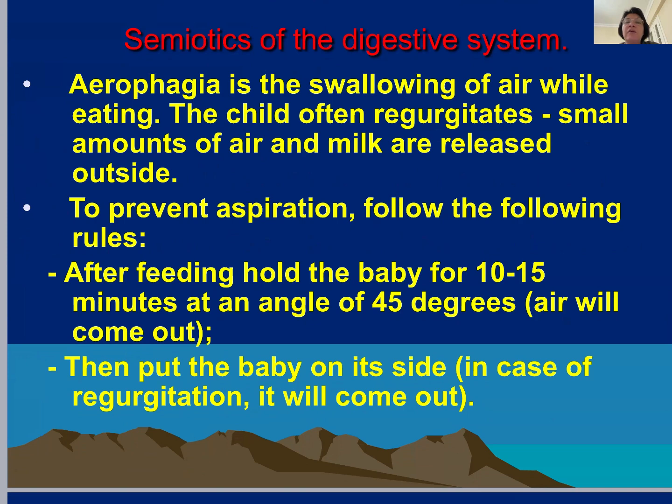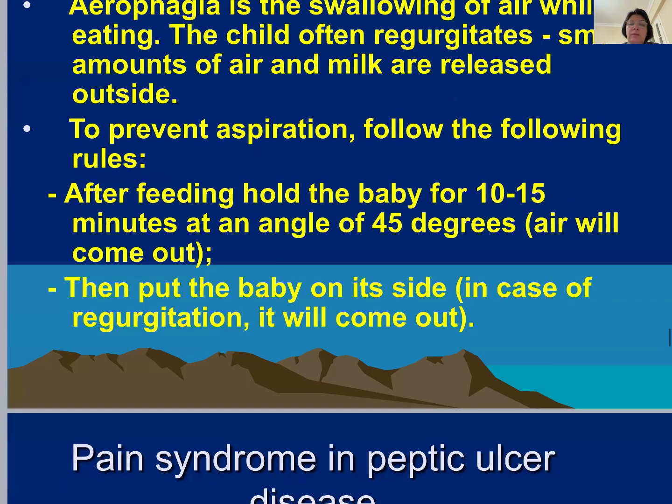To prevent aspiration during regurgitation, follow these rules. After feeding, hold the baby for 10 to 15 minutes at an angle of 45 degrees. Then put the baby on its side. In case of regurgitation, the content of the stomach will come out.